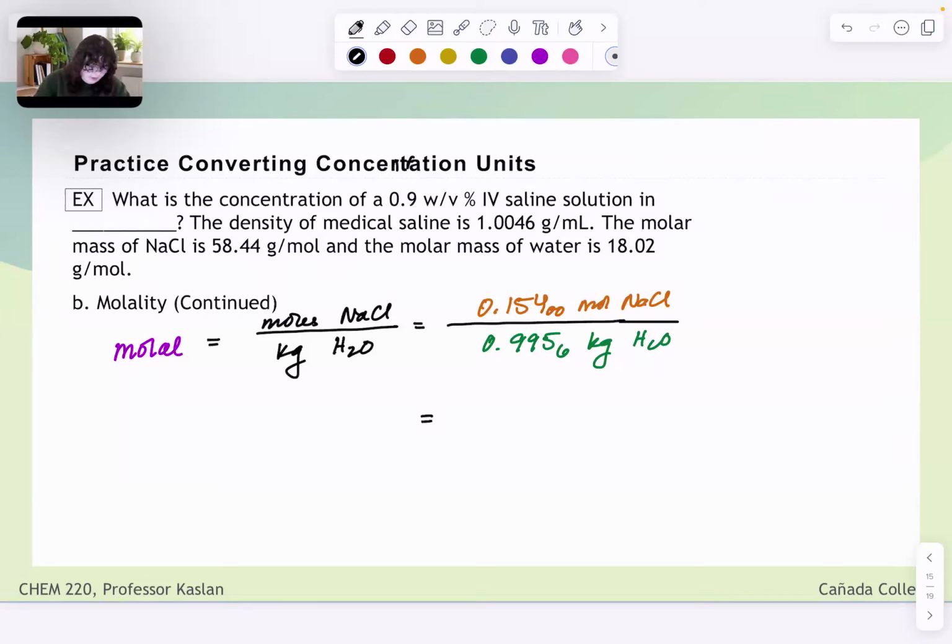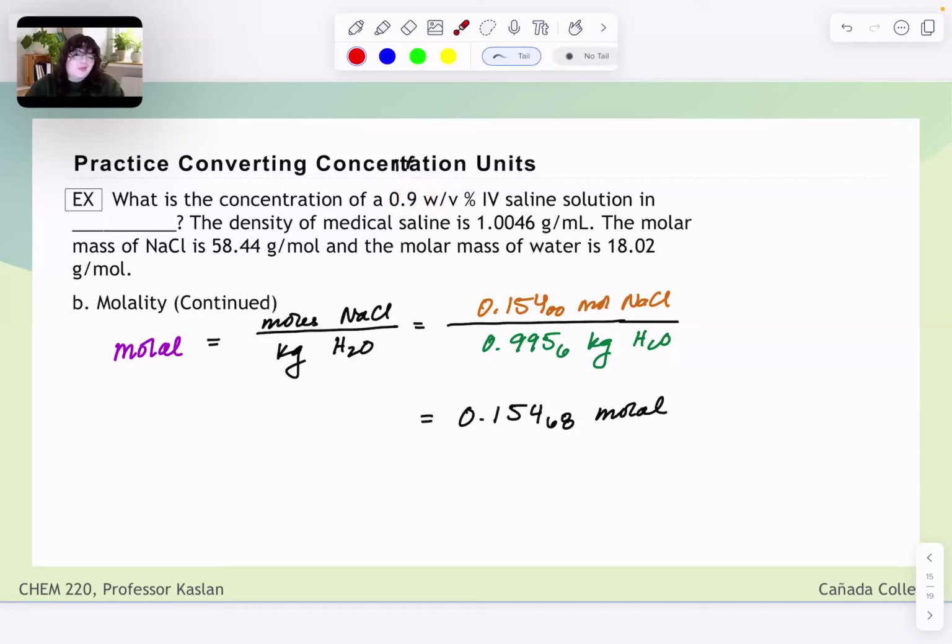So we've got 0.154 divided by 0.9956 equals 0.15468 molal. And then the correct significant figures is an interesting one. I probably should have given us some more digits here because that's only one sig fig.